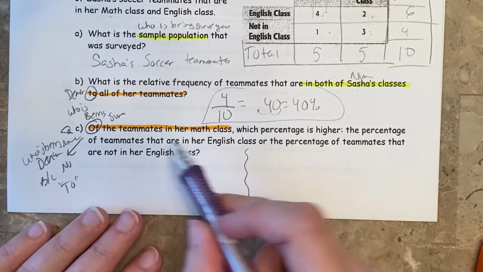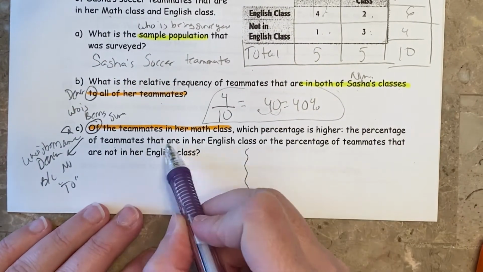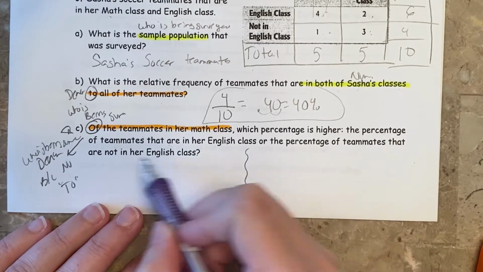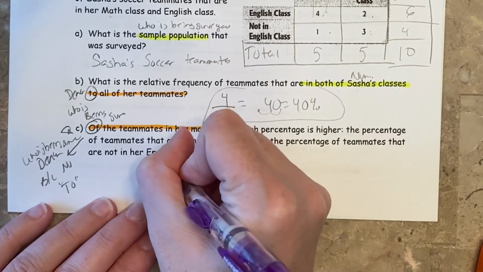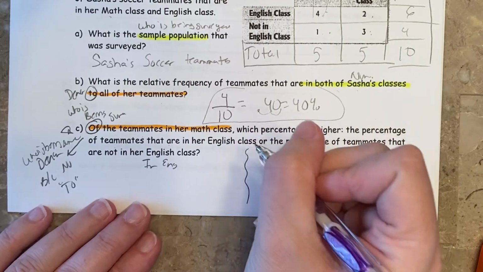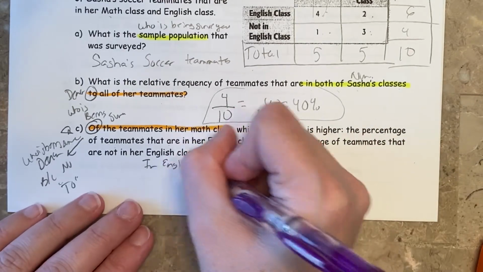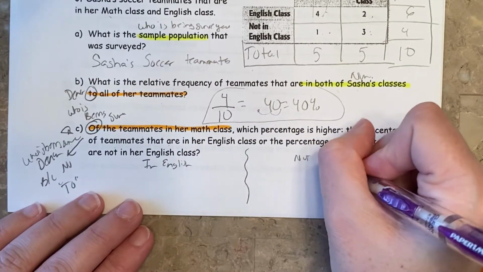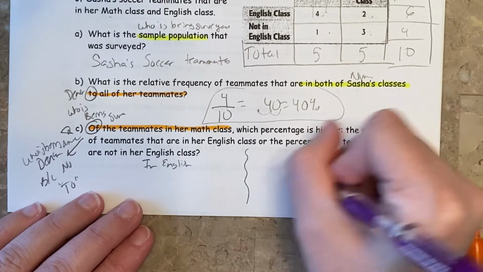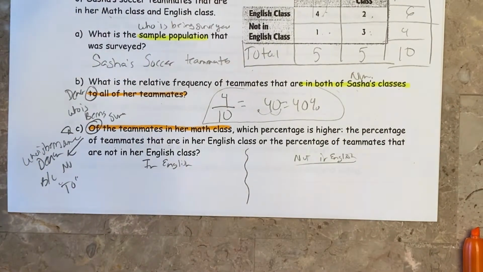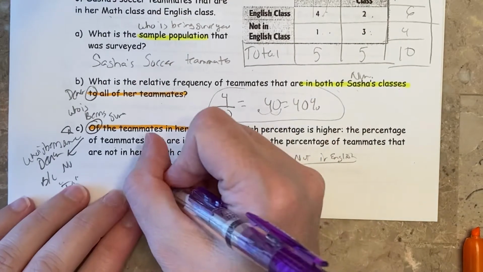Okay, so what percentage is higher? The percentage of teammates that are in her English class or that are not. Okay, so we have to do one for in English and one not in English. Those are the two things we were comparing.